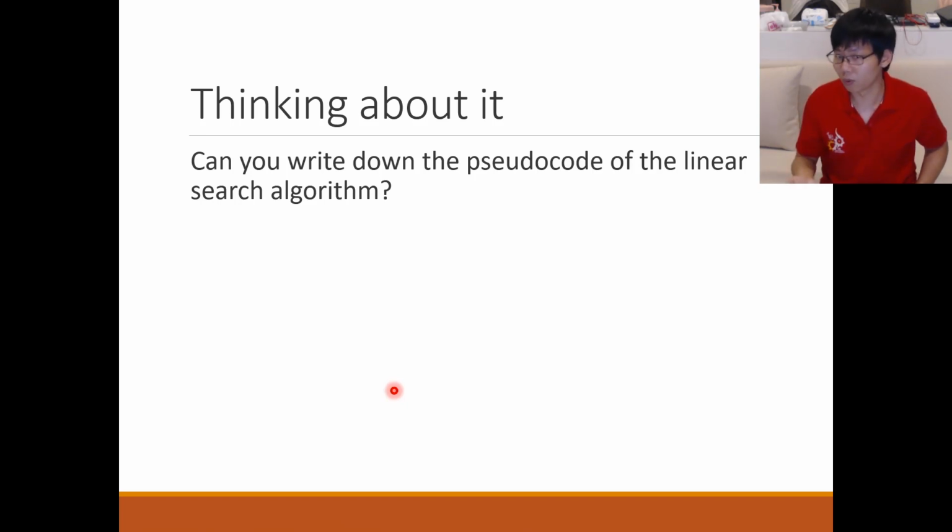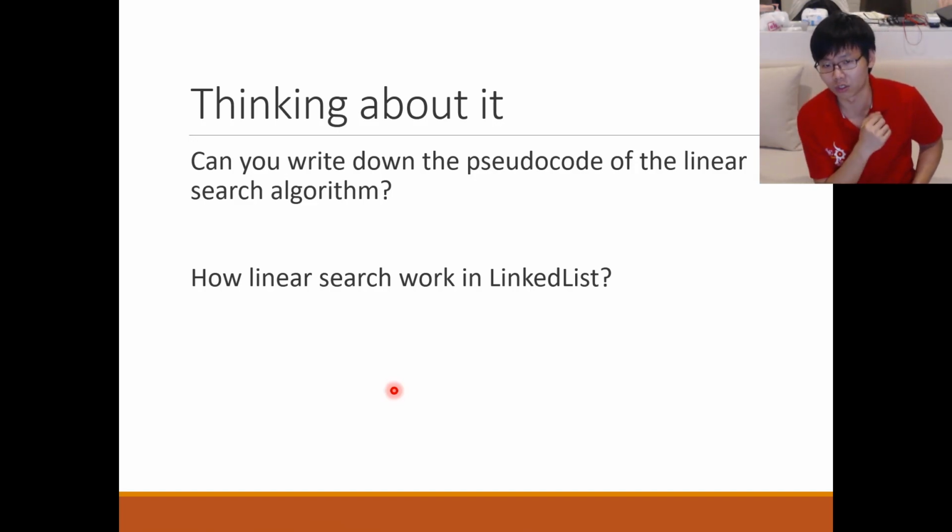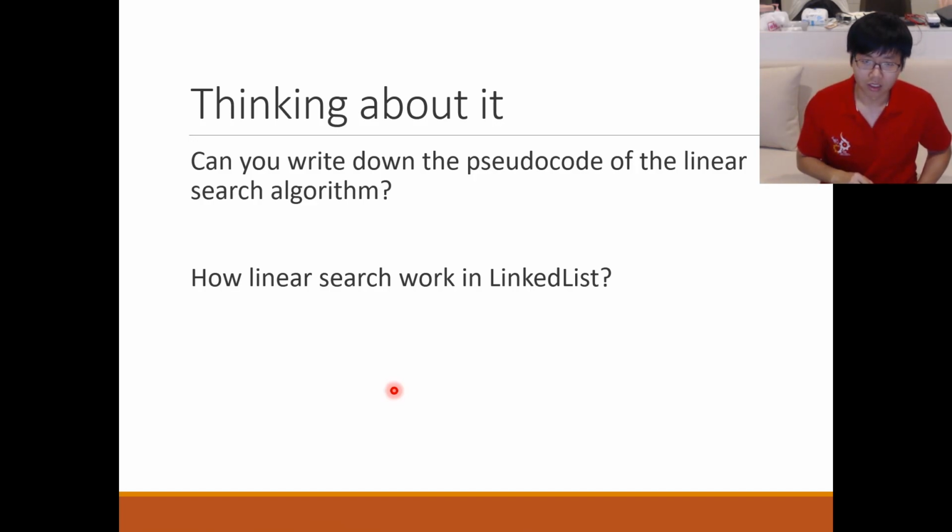I didn't give you the solution yet, but it's going to be very simple, and we can talk about it in the Q&A session. The next question is, how can we do linear search in a linked list? Is this going to work out well or not? So thinking about it, we'll discuss it together, or maybe do some code writing together in C and Python next Thursday.